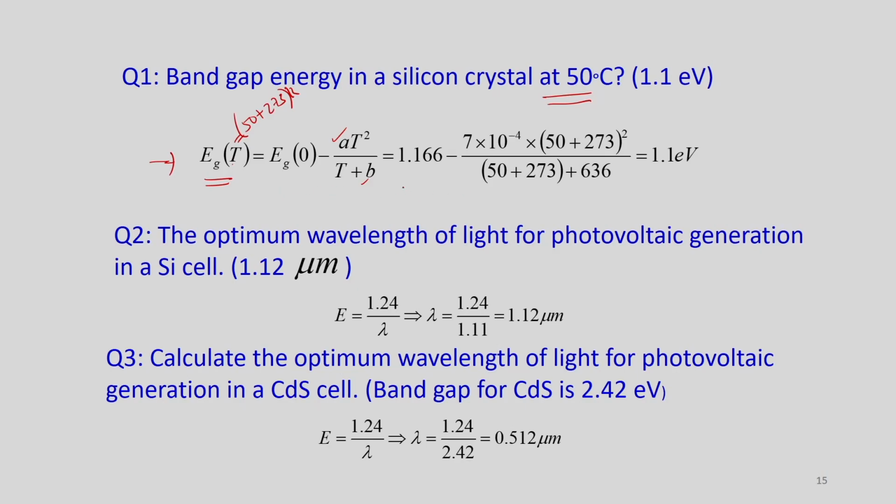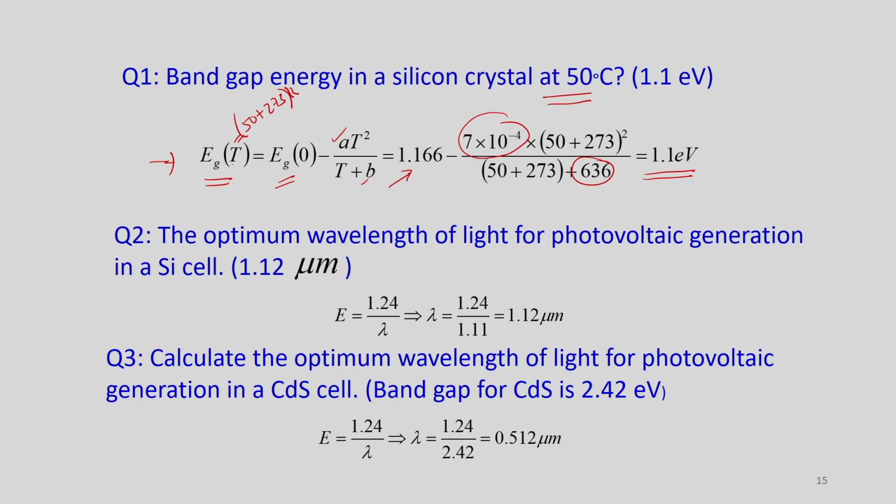Our calculation will be something like this. We know the value E0 at 0 degree, and the values of A and B, and if we substitute this T value, we get 1.1 electron volt.